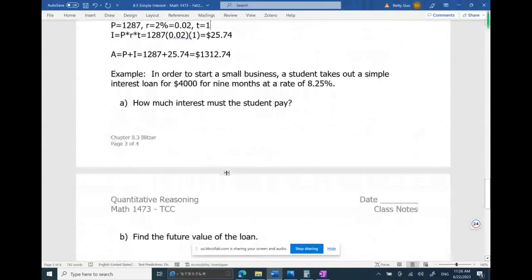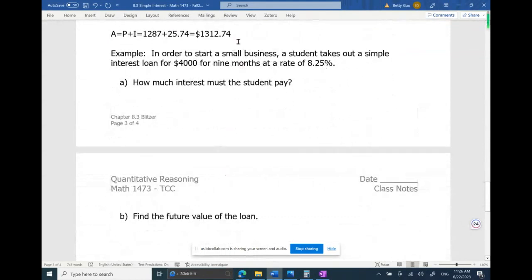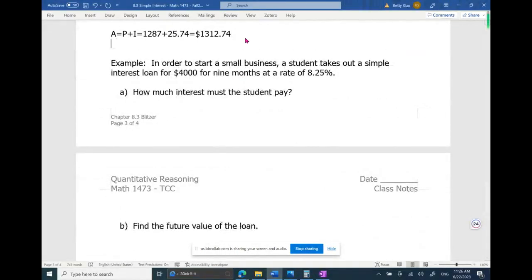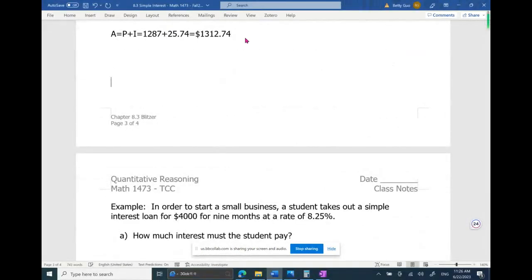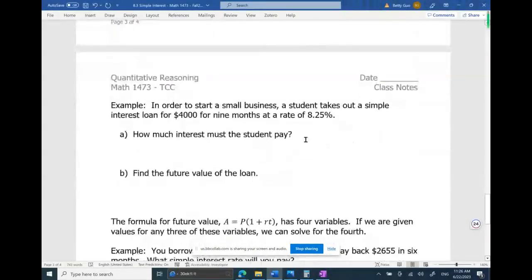Next example. In order to start a small business, a student takes out a simple interest loan for $4,000. That's the principal. For 9 months, that's the time, at a rate of 8.25%. That's the annual interest rate. Part A, how much interest must the student pay?